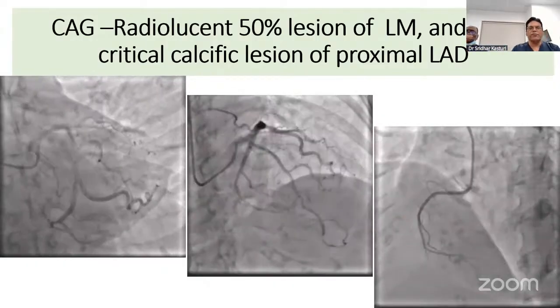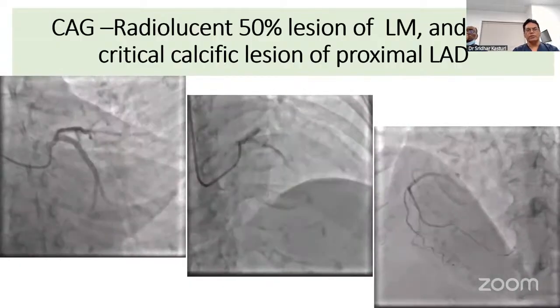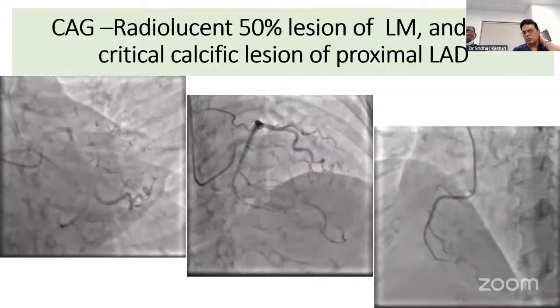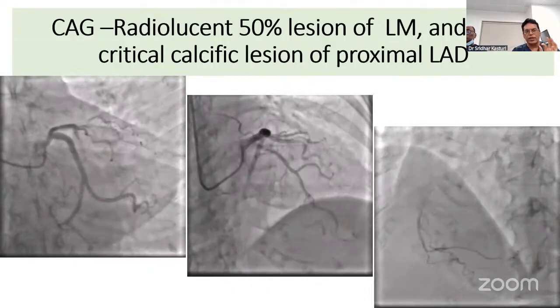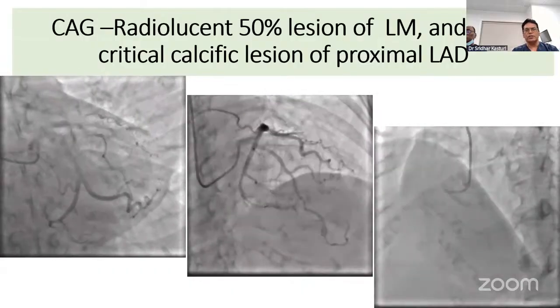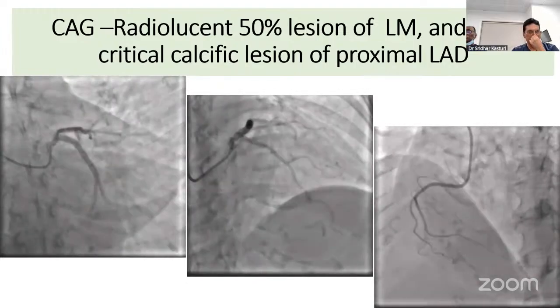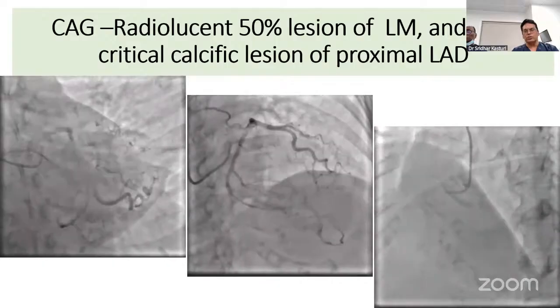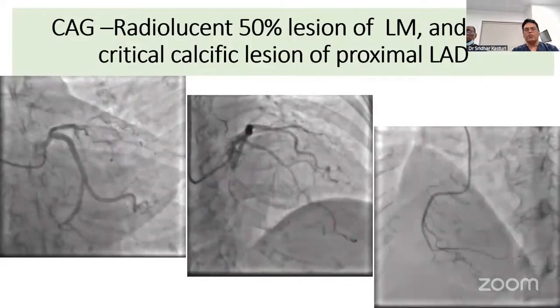So here is an 85-year-old female with recurrent, troublesome episodes of pulmonary edema. The angiogram shows a radiolucency of the left main and a tight lesion in the proximal LAD, with calcium extending from the left main to the LAD. The LCX appears to be fine.